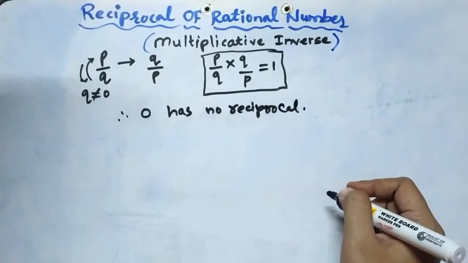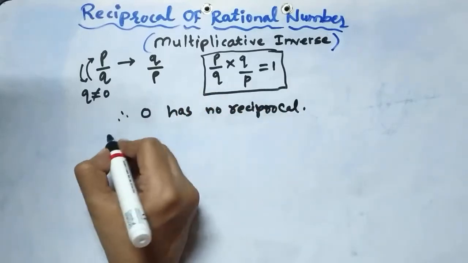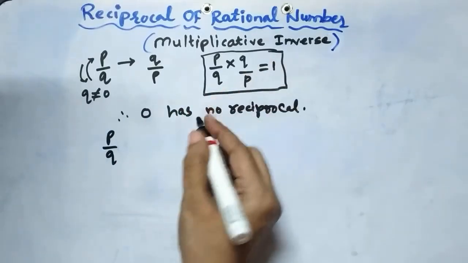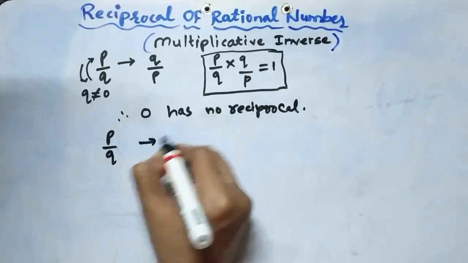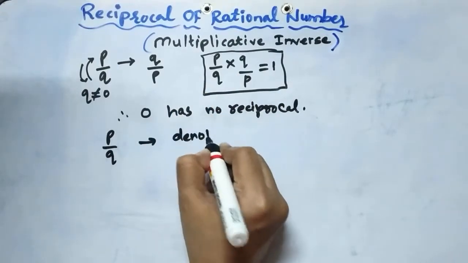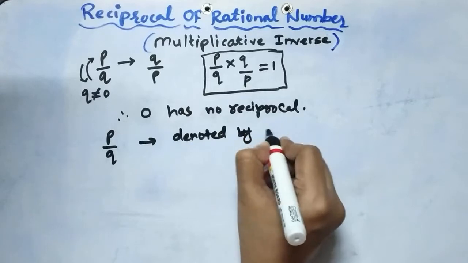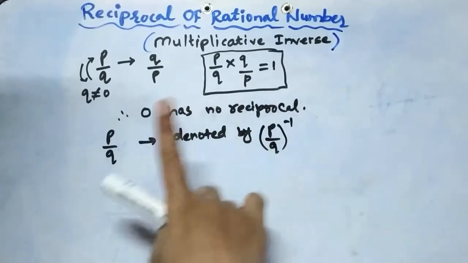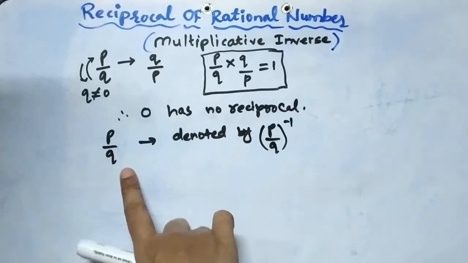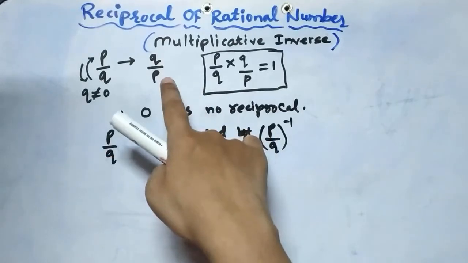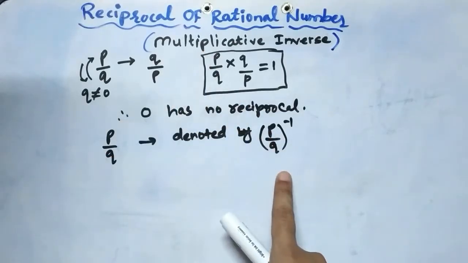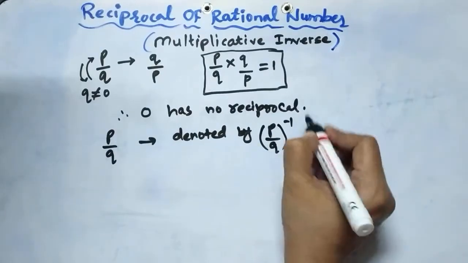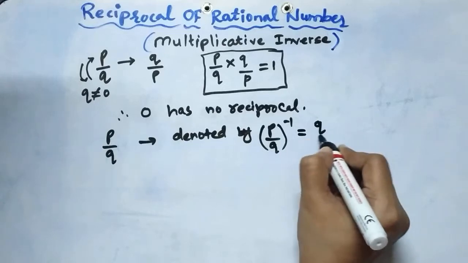Again, friends, the reciprocal of a non-zero number p by q can also be indicated by p by q to the power minus 1. The reciprocal of p by q we can represent as q by p, or otherwise define it as p by q to the power of minus 1, which is nothing but q by p.